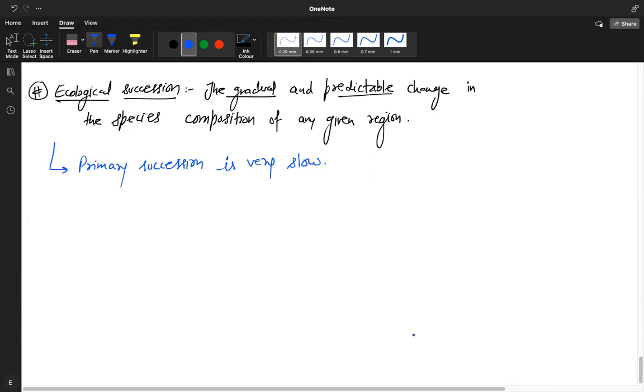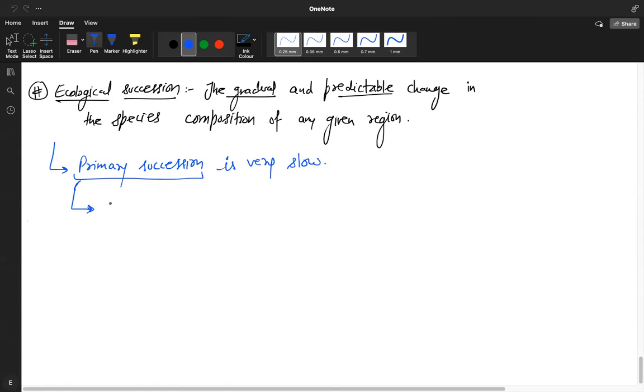Okay. Now, another thing that you should remember and note, and is of importance, is that after succession, if it is a primary succession, you know that there will be some species that will grow there in large numbers, or that will dominate. So there is always some species which is known as pioneer species.